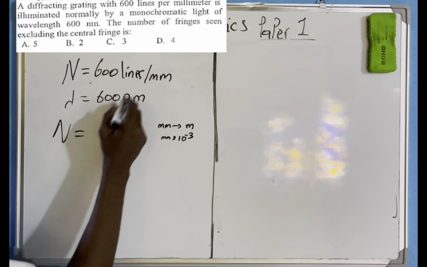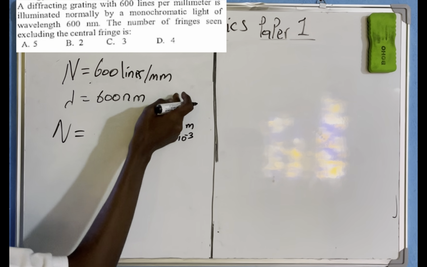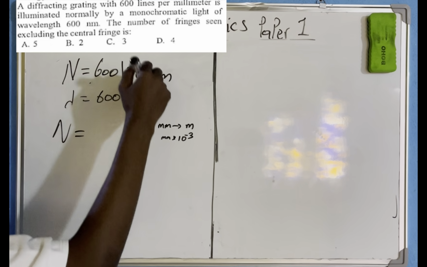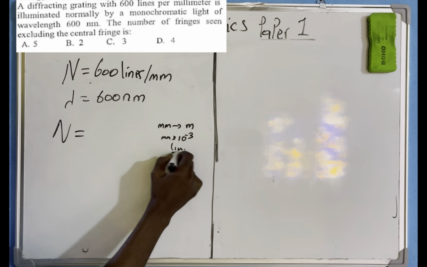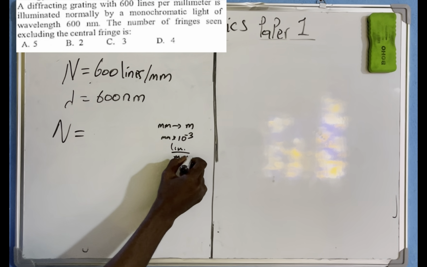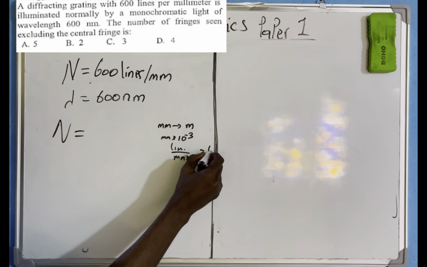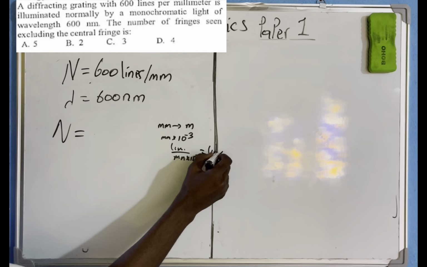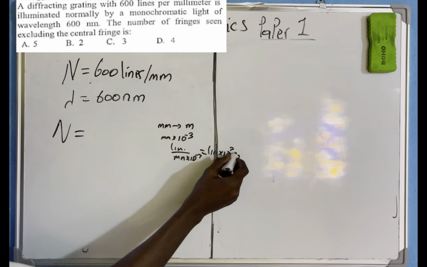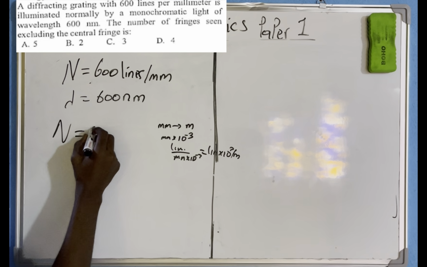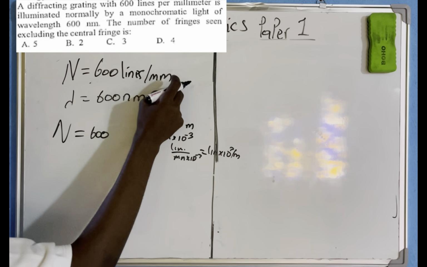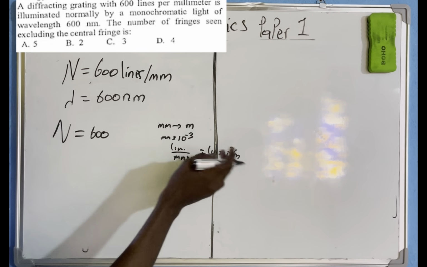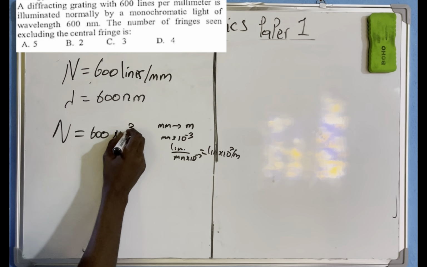Since the millimeter is down, the 10 to the negative 3 will go up, so I get lines times 10 to the 3 per meter. So anytime you want to convert from lines per millimeter to lines per meter, you multiply by 10 to the 3.